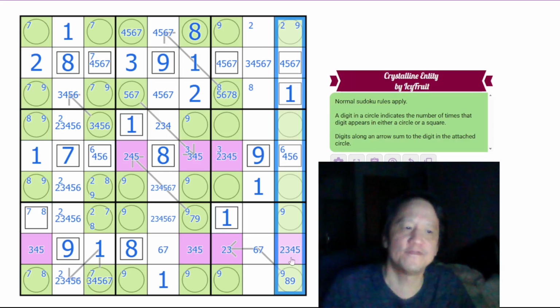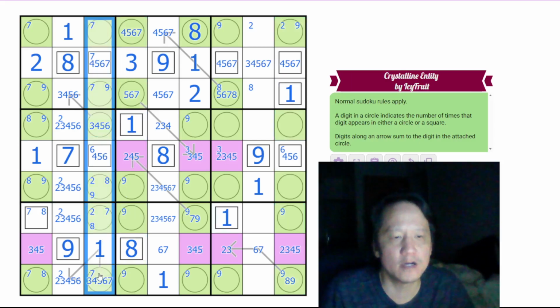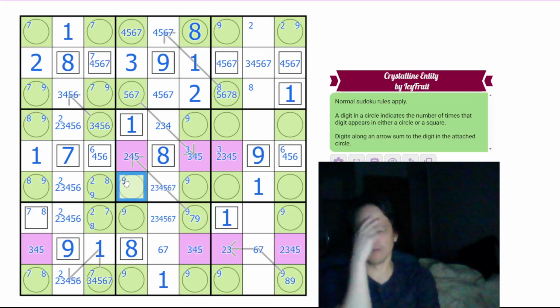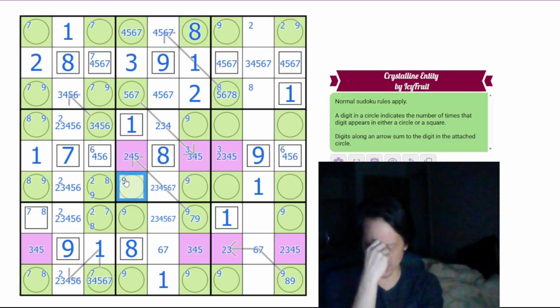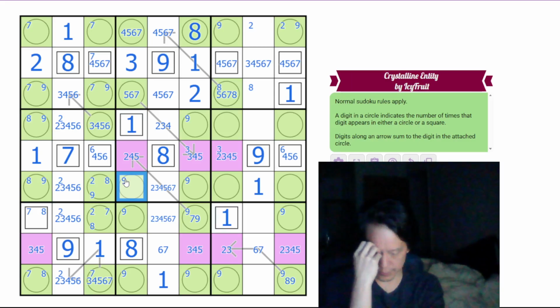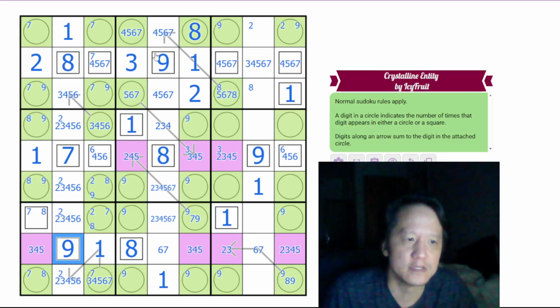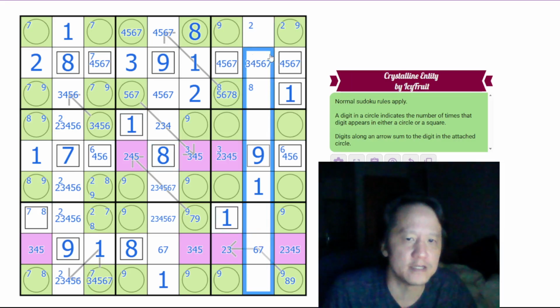In column 4, we don't have a 3. We have a 3 in column... Okay, again, we have 44 essentially left. 44 in 6 columns. That's not true. We have 44 minus 6. That's 38 in 6 columns.